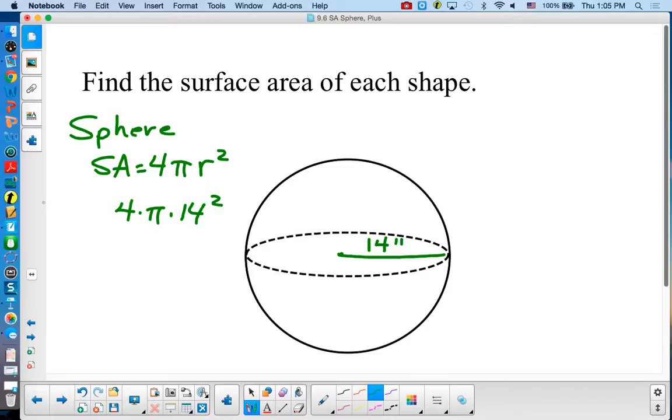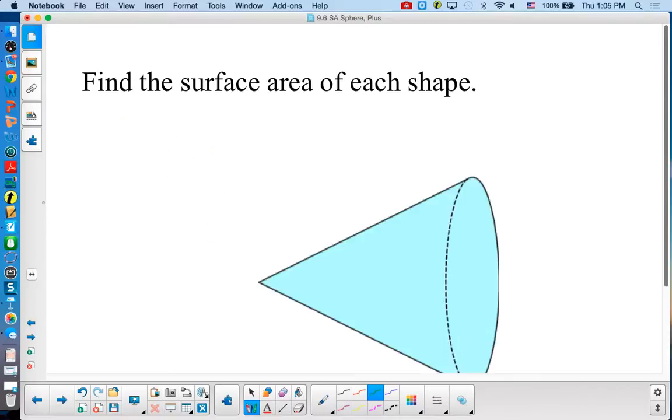Nearest whole number? 2,463? Okay. Good.